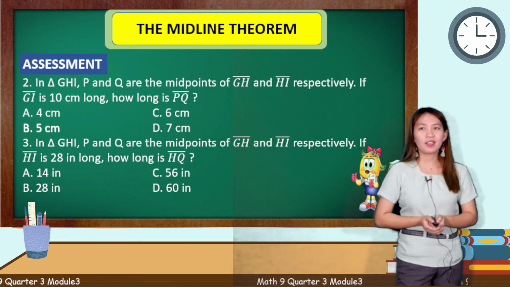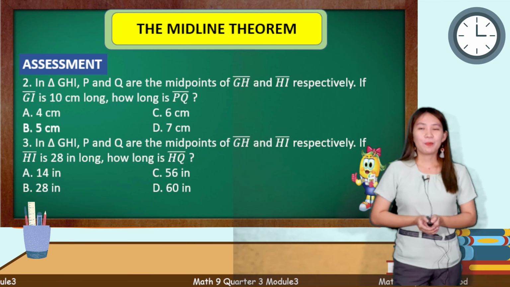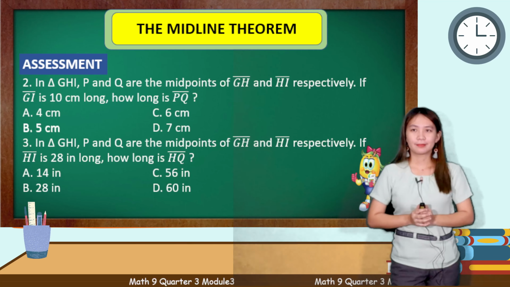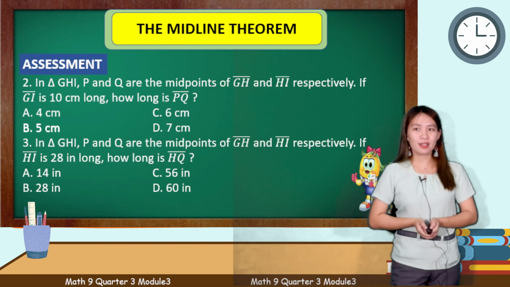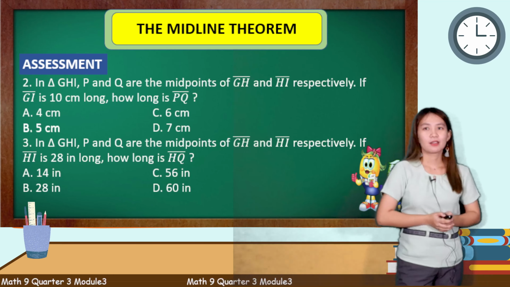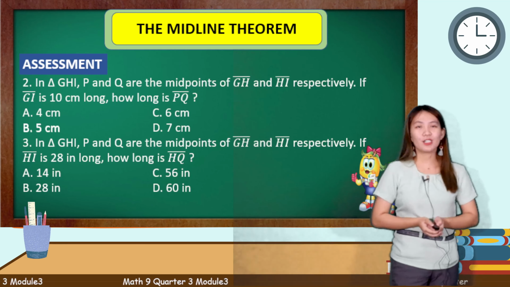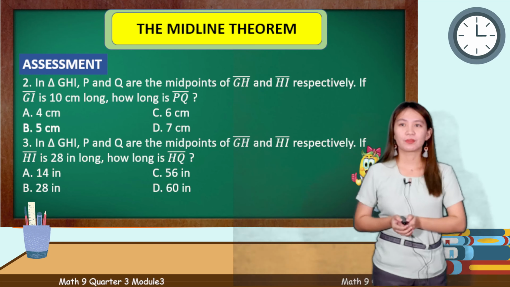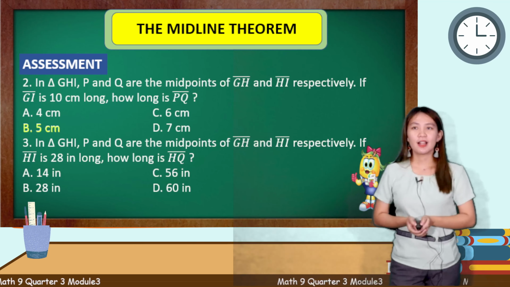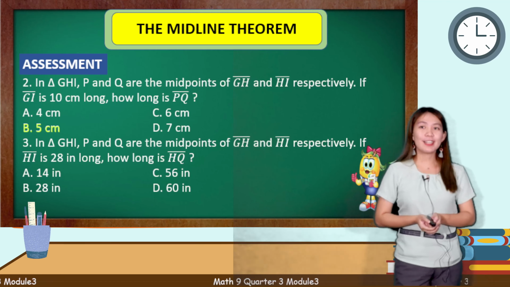So try solving it on your paper. Again, you can type your answers in the comment box. So what is our answer for number 2? The correct answer there is letter B, 5 centimeters.